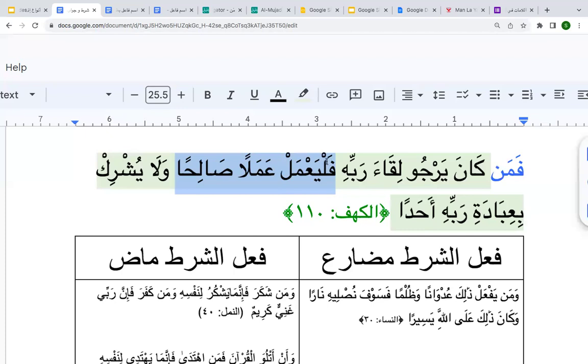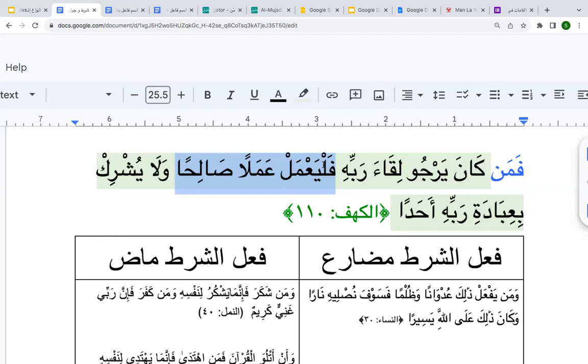Now, what kind of lam are you seeing here? What is lam sakun? Lamul amr is the name of this lam, and it is not spelled as li. Who can tell me the reason it cannot be spelled as li here? Why is lam not spelled as li? Because there's a reason, my dear sisters. Why is it with sakun?